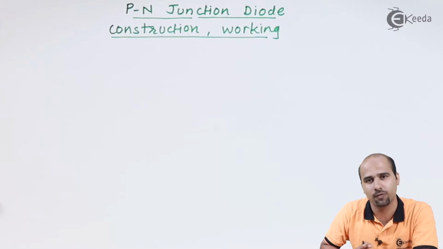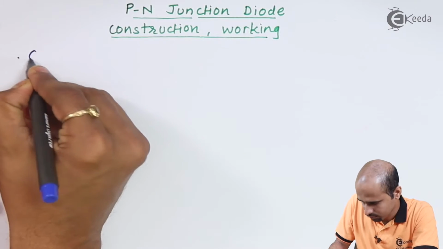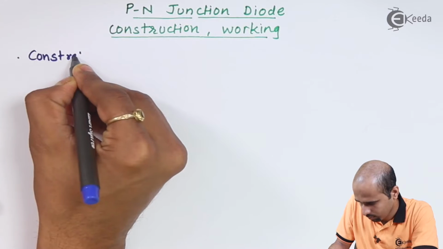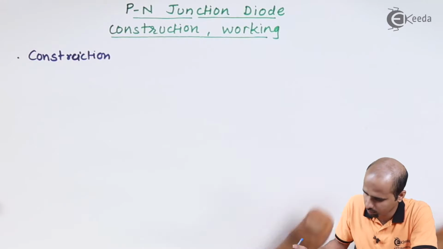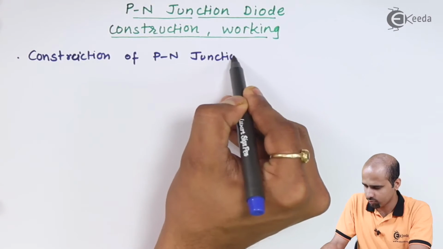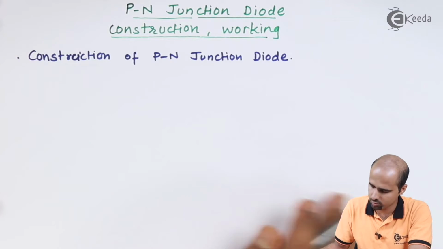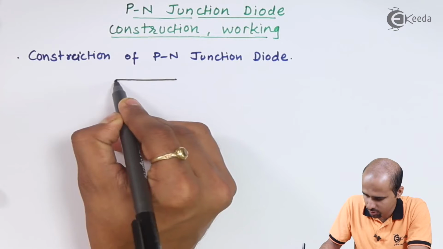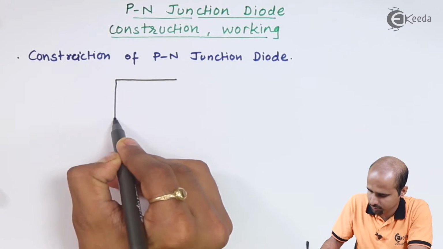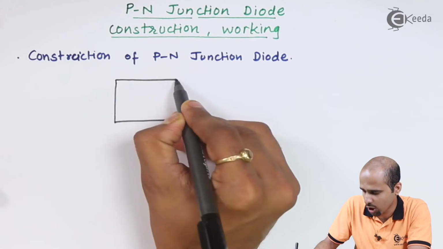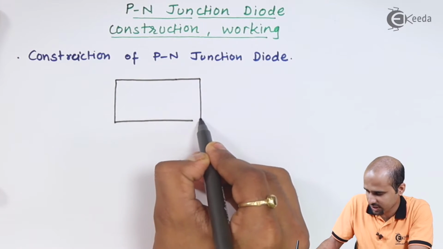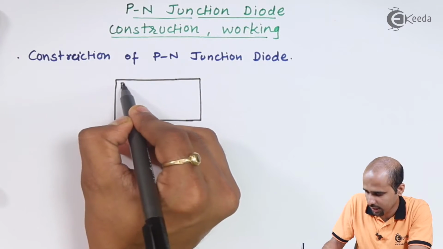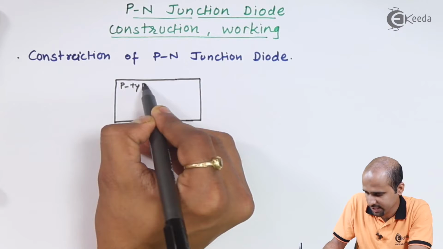So let us start with the construction of PN junction diode first. See, in the last video lecture I have taken one simple rectangular box. I have named this as P type of semiconductor, isn't it?